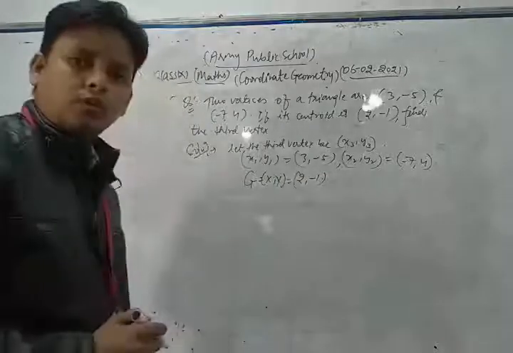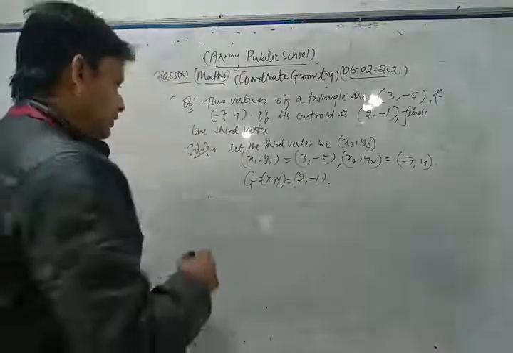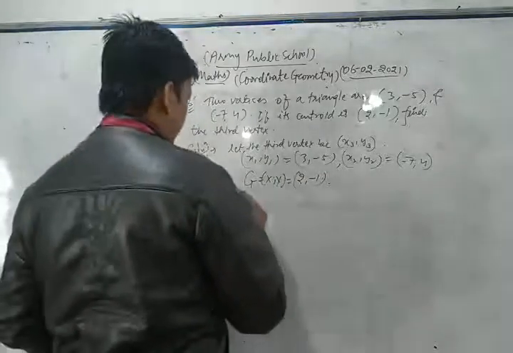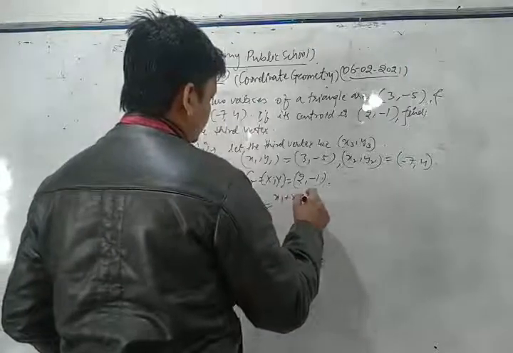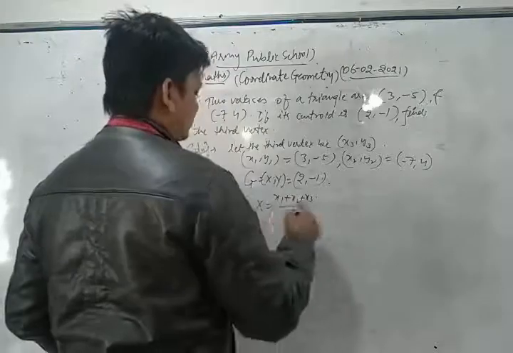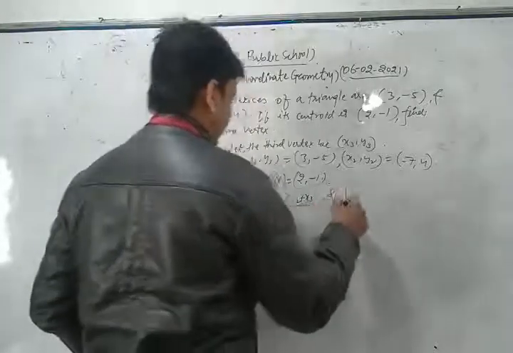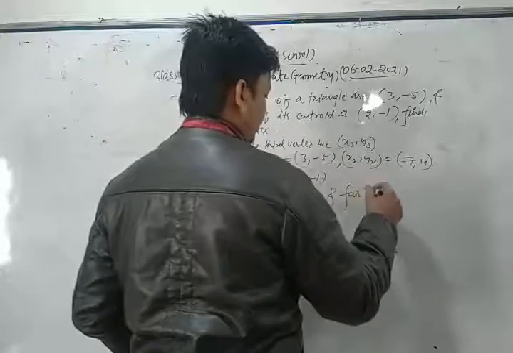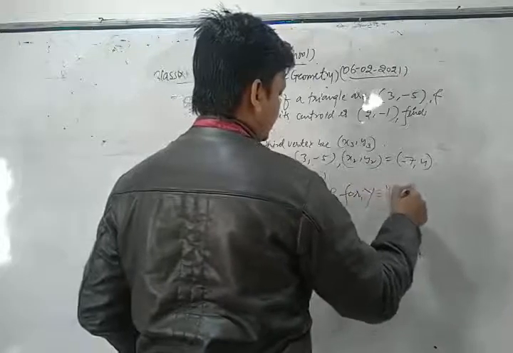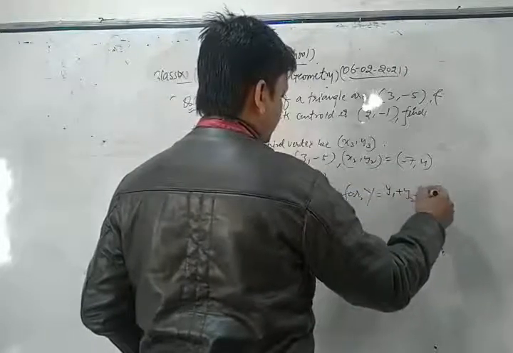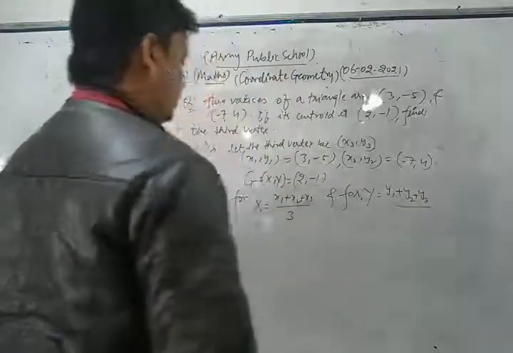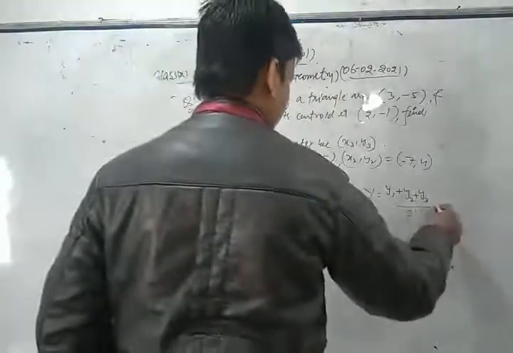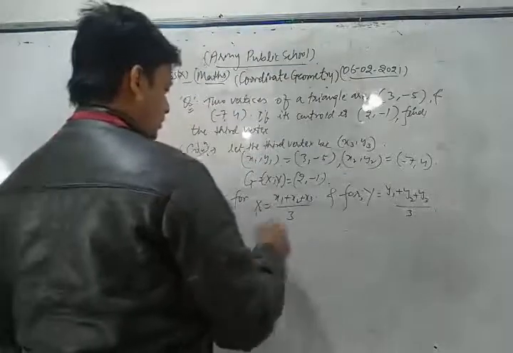Now we apply the formula for the centroid. For x we write x1 plus x2 plus x3 upon 3, and for y we write y1 plus y2 plus y3 upon 3. Okay.